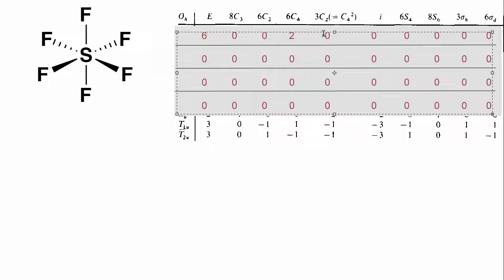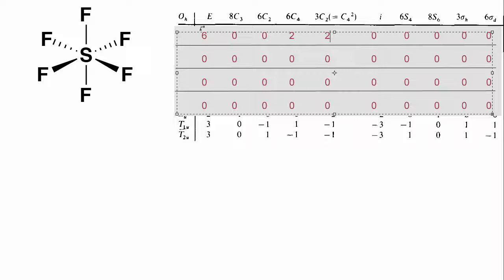For the three C2s right here, so the same as the C4 squared, what we'll end up seeing is that we'll have an equivalent value, as all 4 of the equatorial bonds will move, but the axial bonds will remain intact. If we perform an inversion, all of the bonds move. Same with an S4 operation, as if we perform a 4-fold rotation and then a mirror plane, we'll see that all of the bonds have moved in that case.